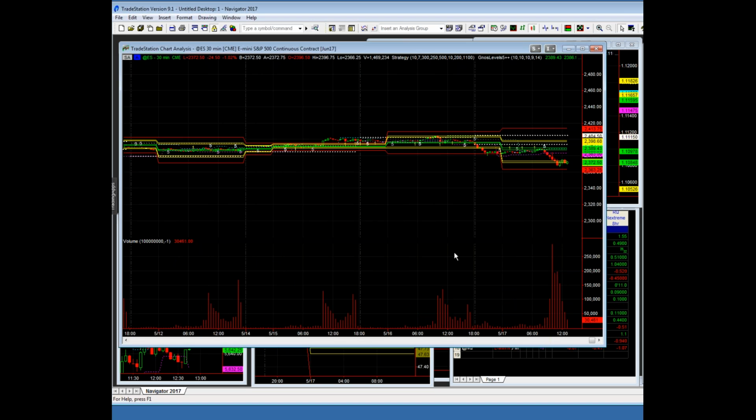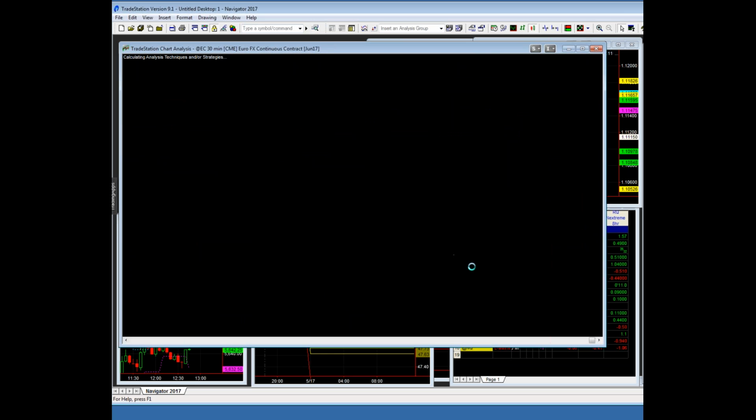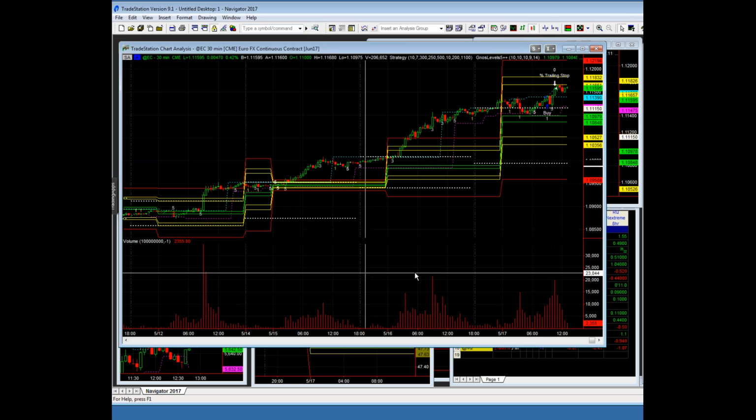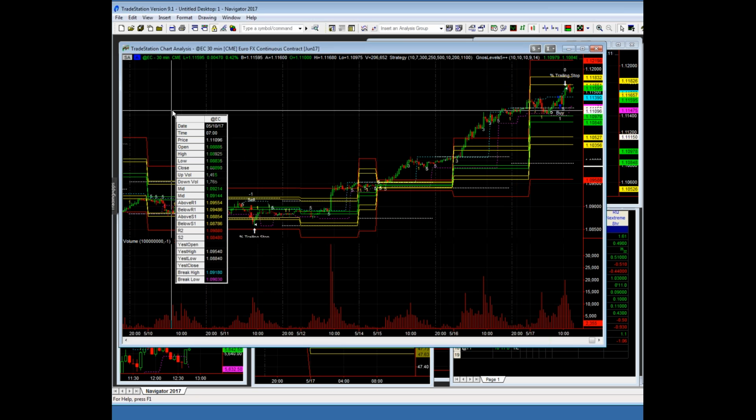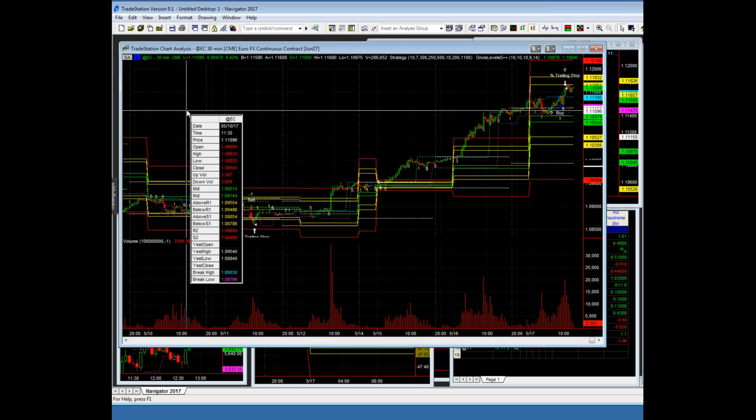So for most of the other markets, let's take a look at the euro. Let's start it over here. You can see it starts to die off at 11 o'clock. That's 11 o'clock. You can see it dive off.